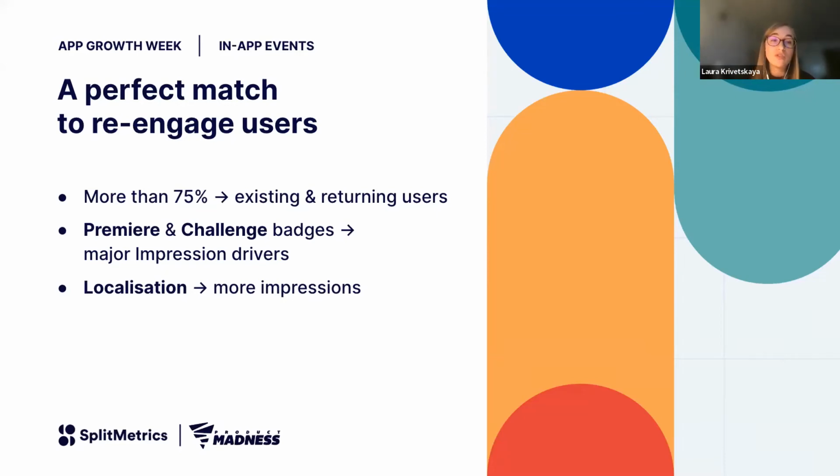But when we also started localizing our in-app events, changing the names for additional countries, we noticed that the visibility of this particular in-app event increased for the countries which had been chosen and localized. So don't neglect localization. Please use it, and you will definitely see a better outcome out of all these in-app events which you launch.